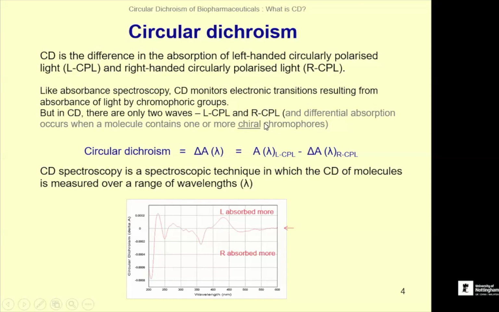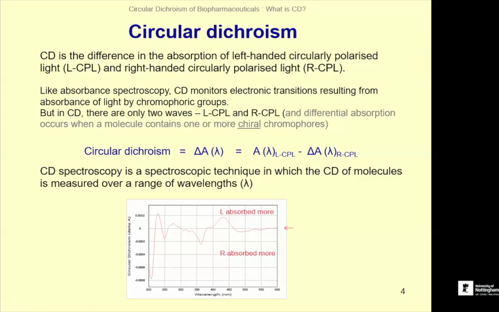It's just that you have two waves, and you're looking at the differential absorption of one or other of those light beams. I've mentioned that you need chiral chromophores. That's the only other difference from absorption spectroscopy. So are we okay so far with that?